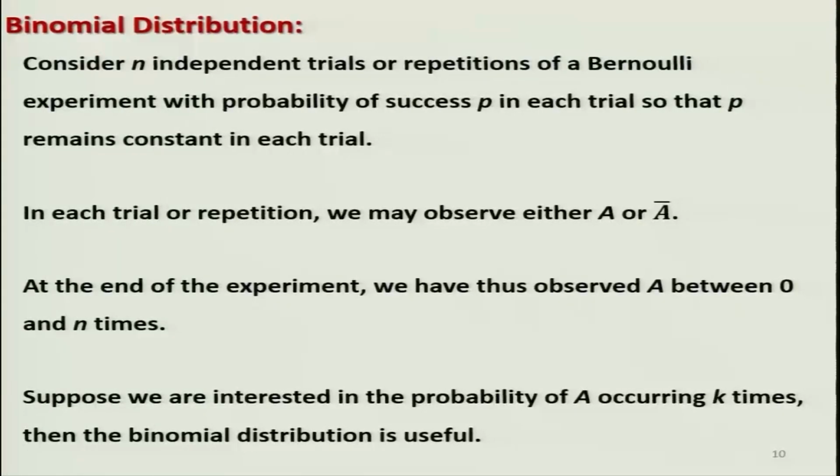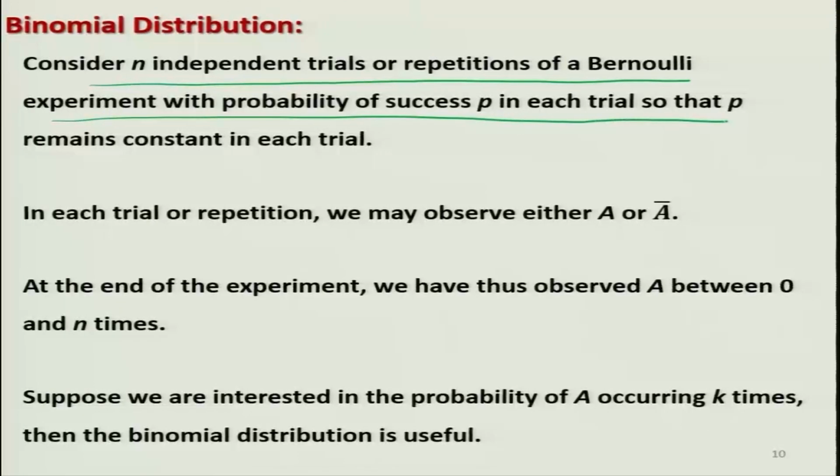So in all these cases you are repeating Bernoulli trials, right. Now we extend this and make it more general, and consider a small n number of independent trials or repetitions of a Bernoulli experiment with probability of success p in each trial.